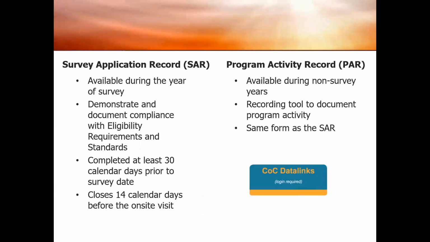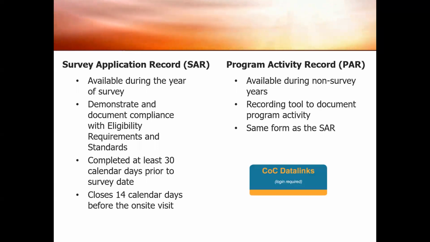The Survey Application Record, or SAR, is an online reporting application that is available and used during the year of the facility's accreditation survey. This reporting application is used to demonstrate and document compliance with the CoC eligibility requirements and standards, as I stated earlier.